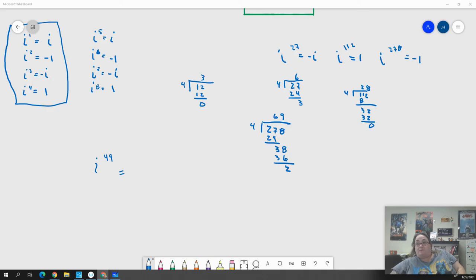Just take the power and divide it by 4. If it divides evenly, it's 1. If it divides and you have 1 left over, it's going to be i. If you have 2 left over, it's negative 1. If you have 3 left over, it's negative i.